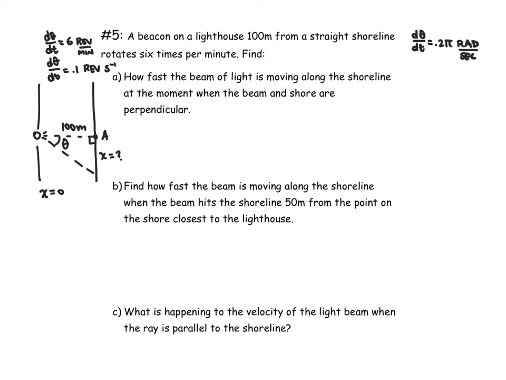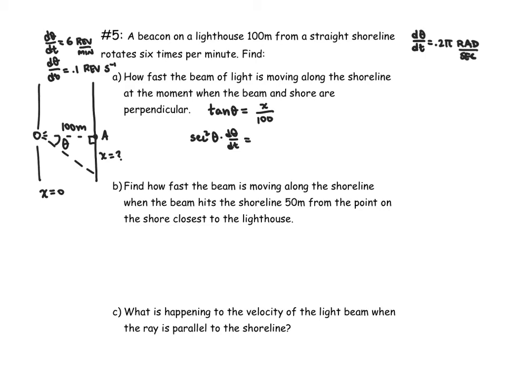Okay, so let's do a little bit of work here. Notice that I've got a nice right triangle, so I can write a trigonometric equation using the right triangle, which will be tangent theta is equal to x over 100. And now I can differentiate. And when I differentiate with respect to t, the derivative of tangent theta is secant squared theta times d theta dt.